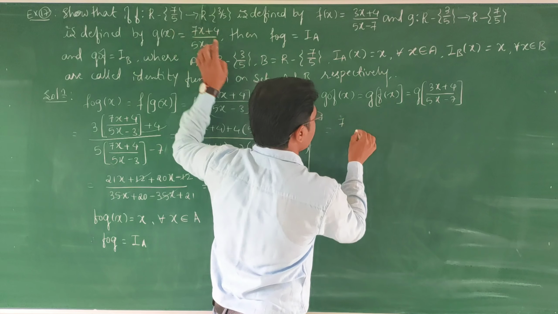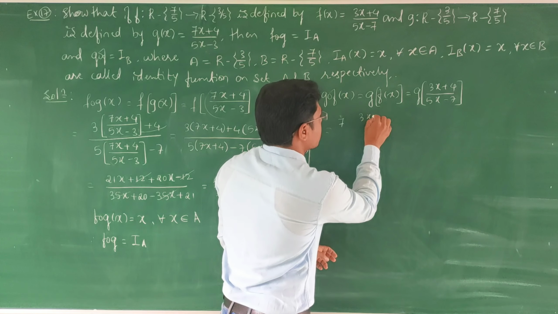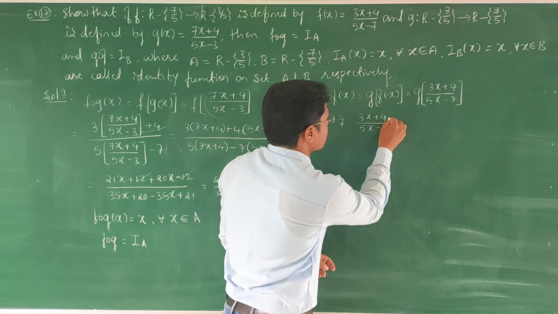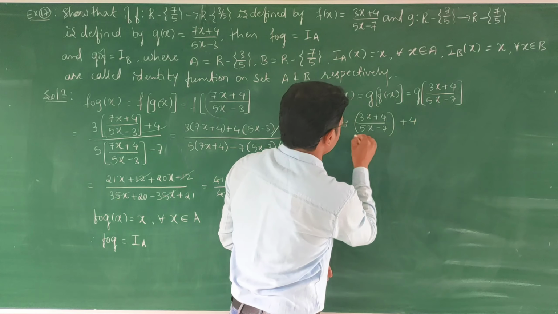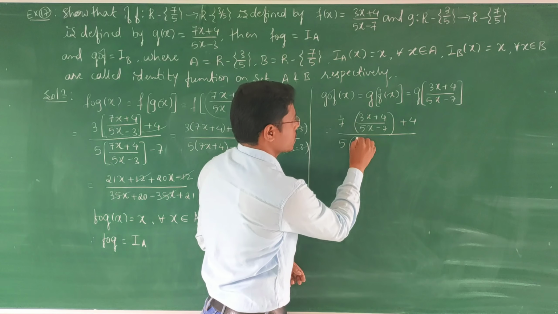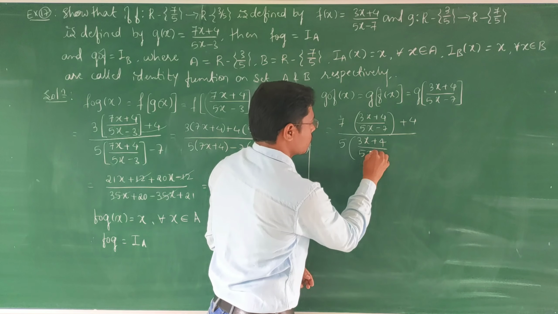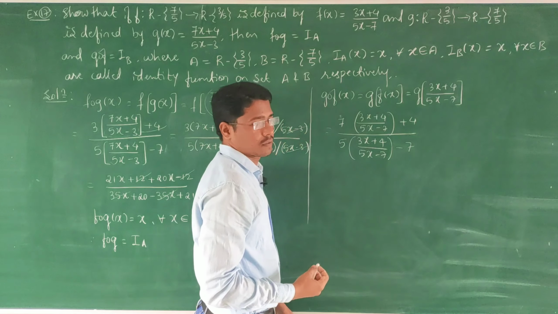This is equal to 3 into 7x plus 4 divided by 5x minus 3, plus 4, whole divided by 5 into 7x plus 4 divided by 5x minus 3, minus 7.